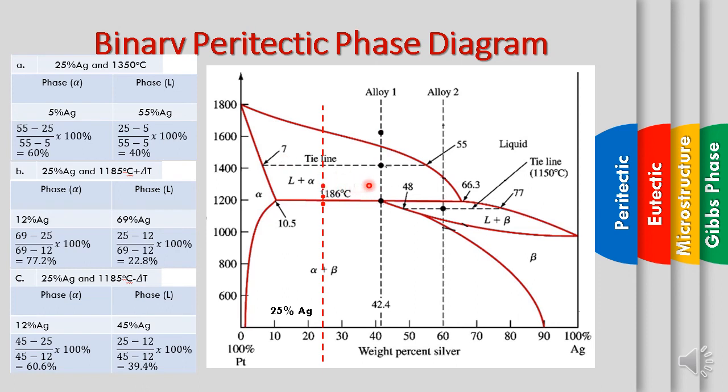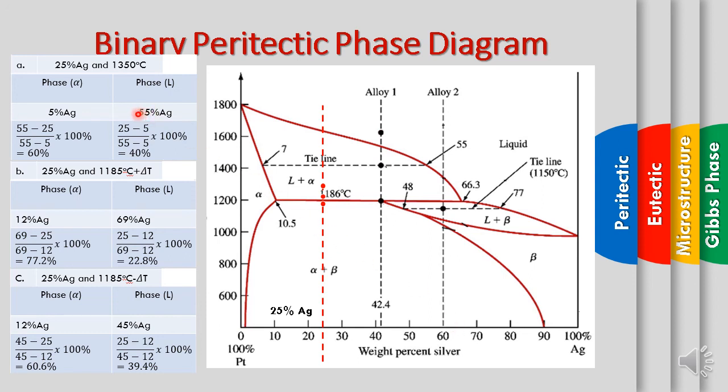We make a line here, and then it will cross something here, and to determine the value we need to make a projection intersecting the x axis here, maybe 62, 63.